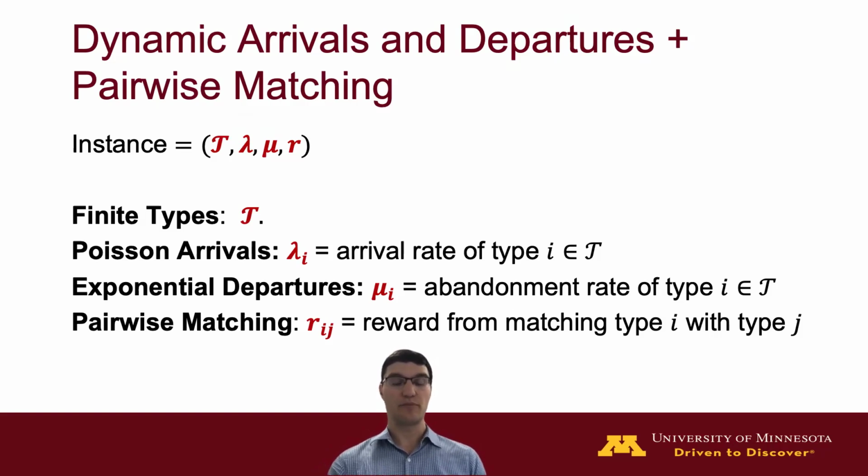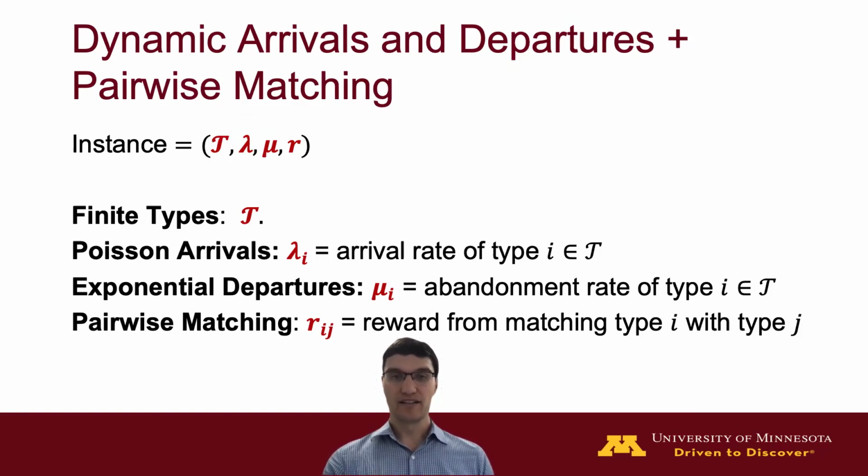In particular, we assume that that time is exponentially distributed, with parameter mu_i. So think of mu_i as being like the urgency of this type. If mu is very large, that means the type disappears very quickly. It's very impatient. If mu is small, that means they're going to wait a long time. And finally, we have rewards for matching any pair of agents. These are encoded through a matrix R, and R_ij tells you the reward for matching type i with type j.